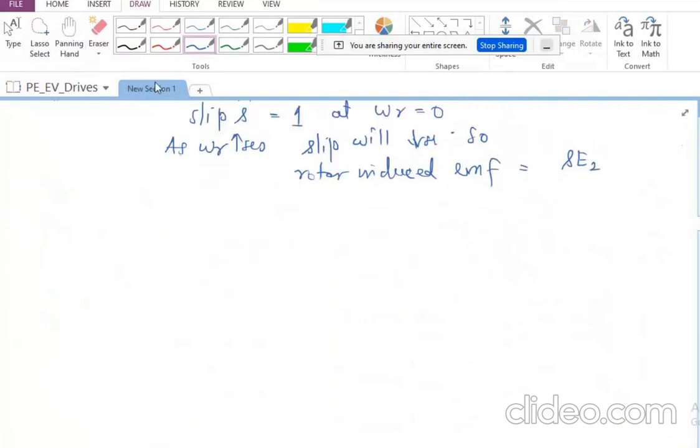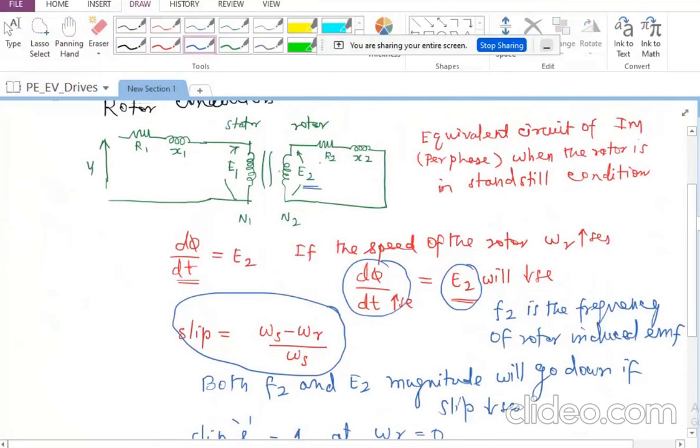So we can say the equivalent circuit, especially whatever I have drawn here, I should be able to replace this by S times E2 and this as S times X2. That is now the equivalent circuit I see for the induction motor on a per phase basis when the speed of the rotor is non-zero.